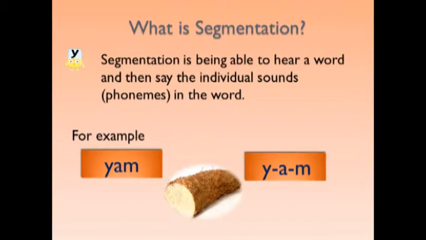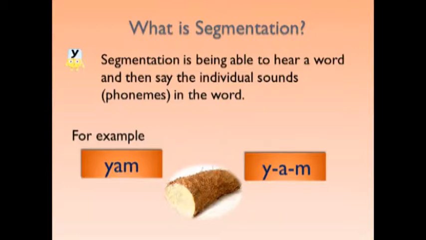Now let us take a look at what is segmentation. Segmentation is being able to hear a word and then say the individual sounds or phonemes in the word. For example, here is a picture of a yam. Say yam.